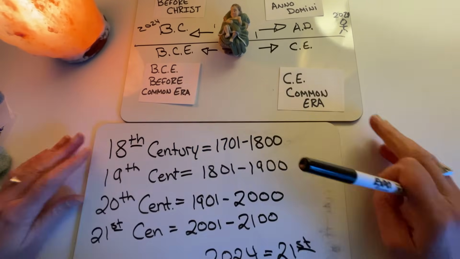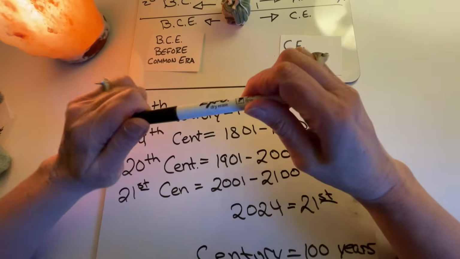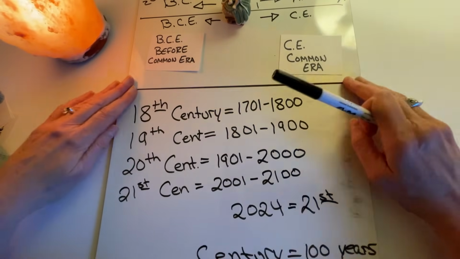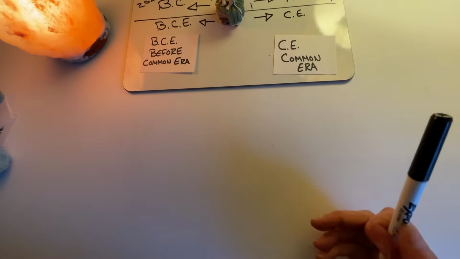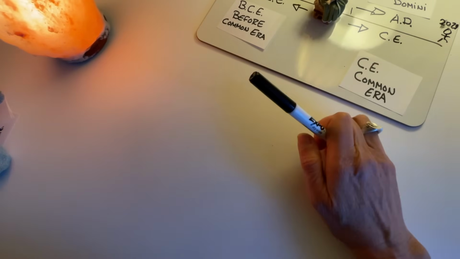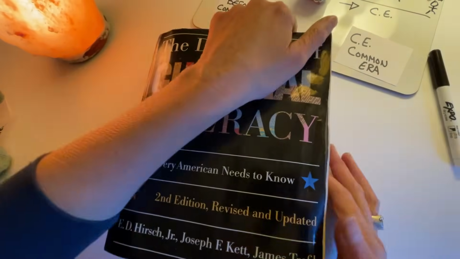I think I explained that so it makes sense. It's hard when there's not somebody here looking at you and going, oh yeah, I get that, or I don't know what you're talking about. I think that's clear. Anyway, let's pull out this book here and see what they say, if they say anything at all about this subject.